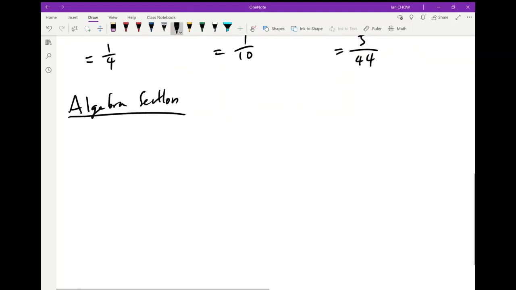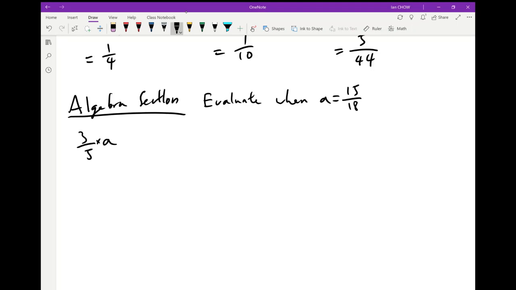Imagine we have a fraction, 3 over 5 times a. 3 over 5a means it's 3 over 5 times a. And so evaluate when a is equal to 15 over 18. So a is a fraction, a is 15 over 18, and then we have 3 over 5 times a.